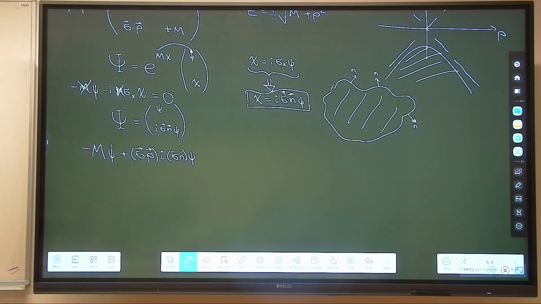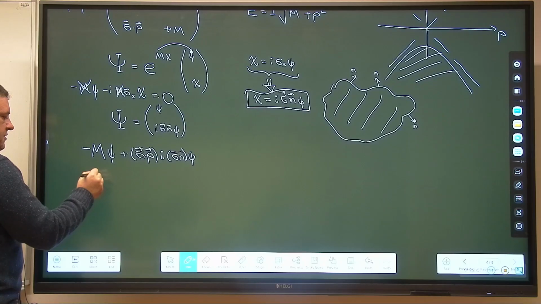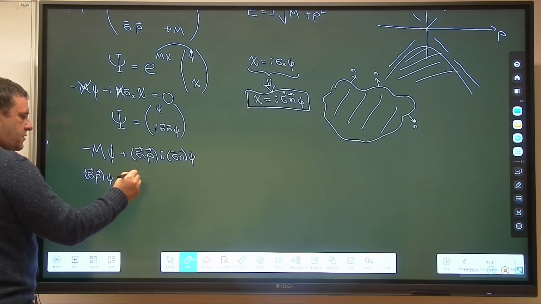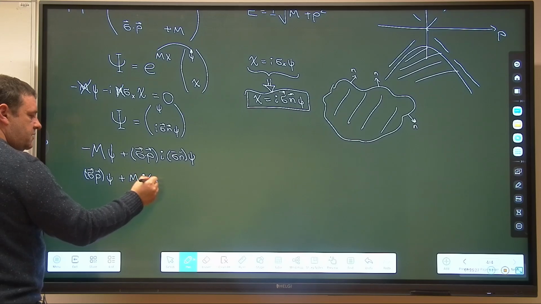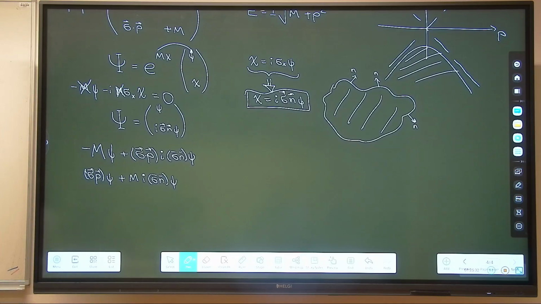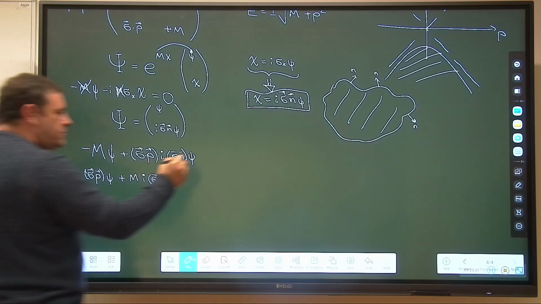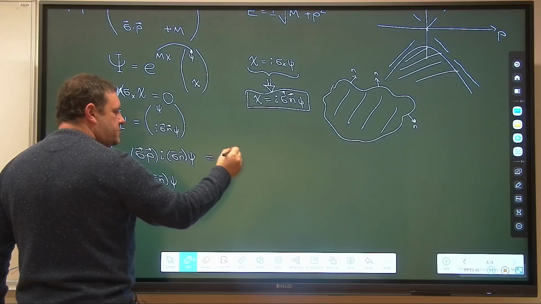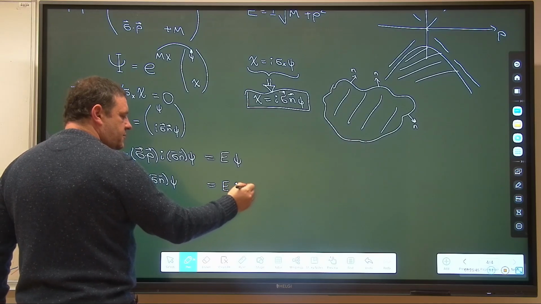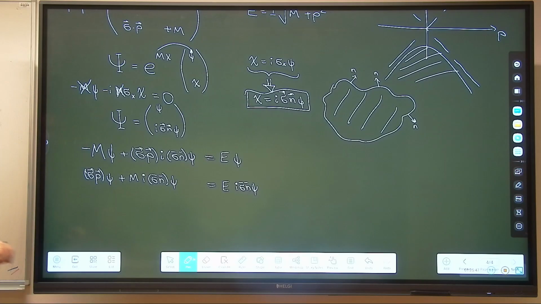If I act with the second row, I will have sigma p times psi plus m times i sigma n times psi. And in the first row, I should get energy times psi, and in the second row, I should get energy times i sigma n psi.